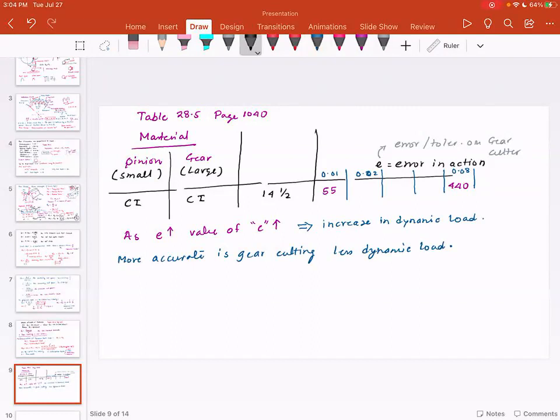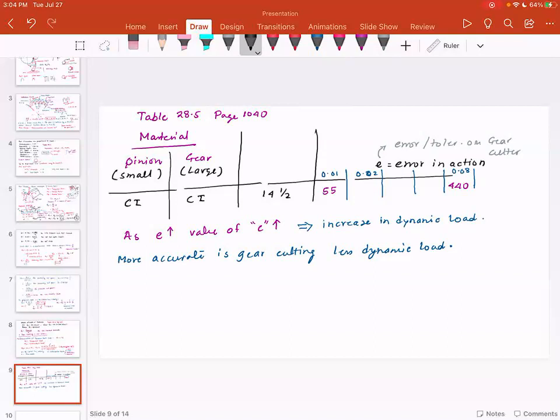There is a slightly different approach of calculating C, where you can find the value of C using an expression. This is the tabular approach, which means you are given two materials. It's possible that you have a combination of different materials.